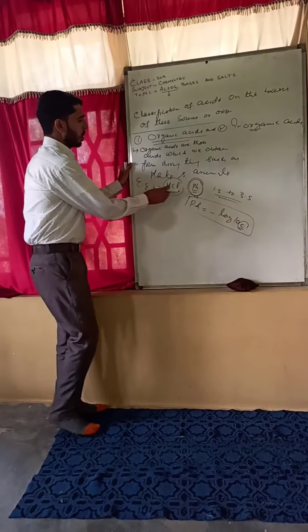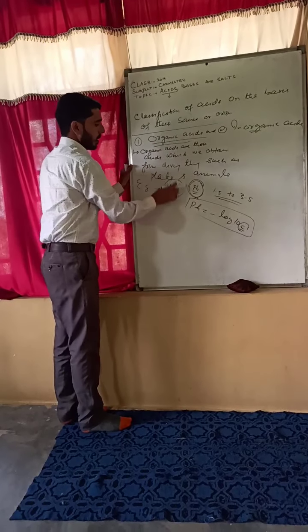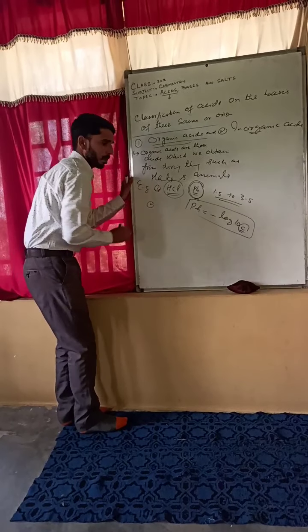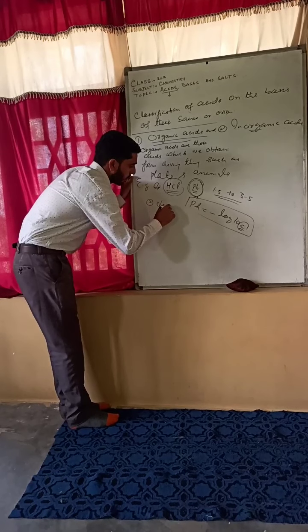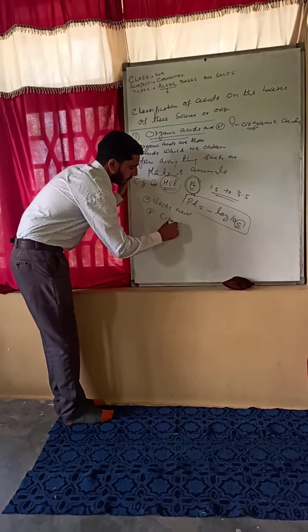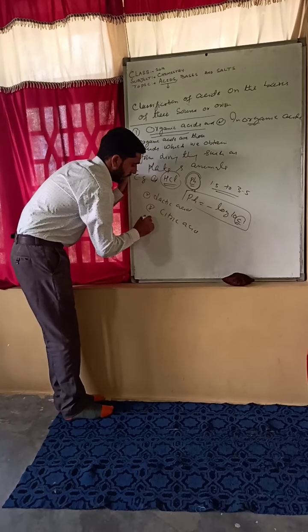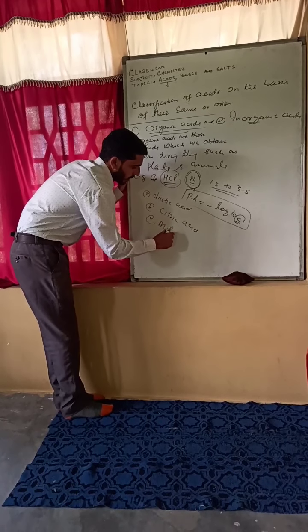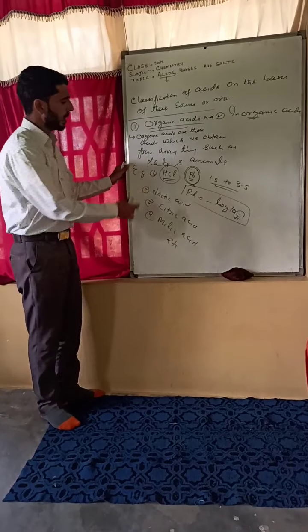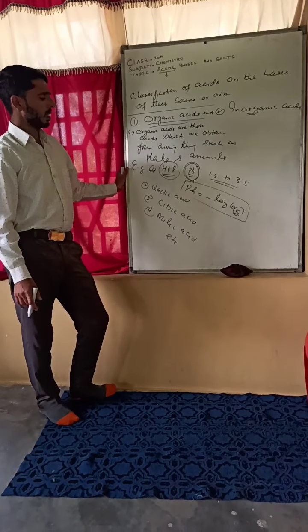Now, my dear students, the best example of an organic acid is hydrochloric acid. Clear? Then the second example is lactic acid. Then we have citric acid. Then we have malic acid. These are all organic acids because we get them from living things, plants and some animals.